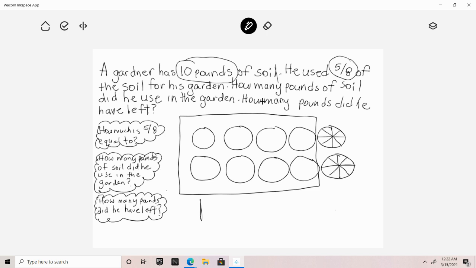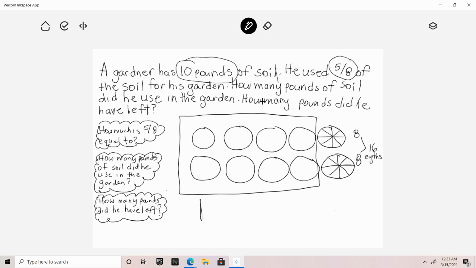Okay, so now what do we do with these eighths? We just don't leave them there. We have to make them a part of the whole. So again, we have 8/8 here and we have 8/8 here, which combined gives us 16 of the eighths. 16/8.